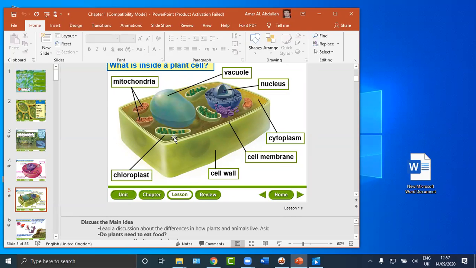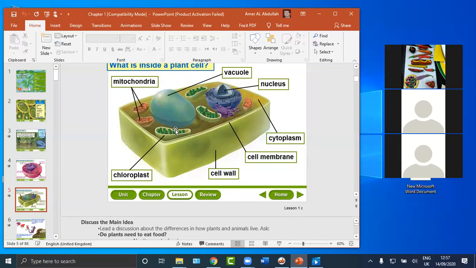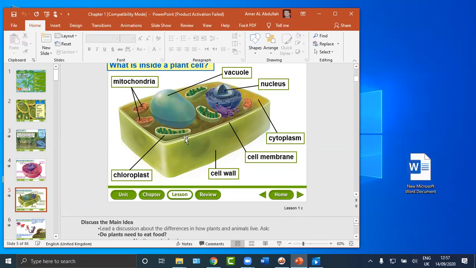Sunlight comes from the sun, and chloroplasts here produce food for the plant. Now, chloroplasts, the color is green. Chloroplast is here. The color is green.